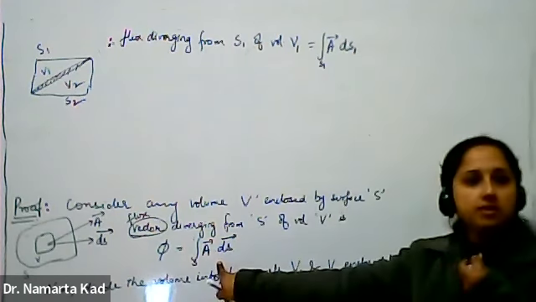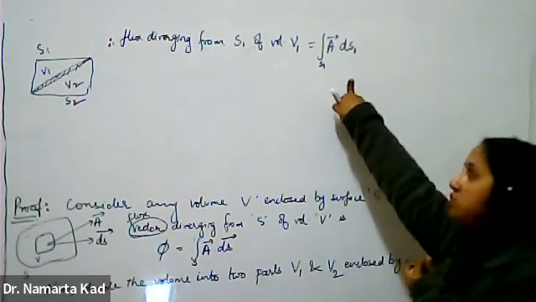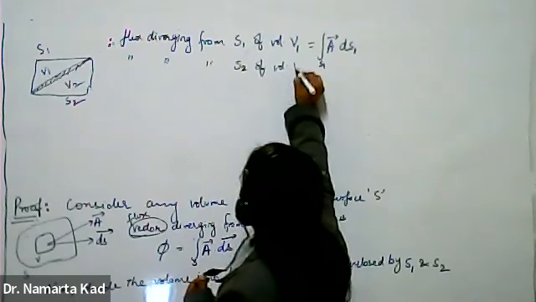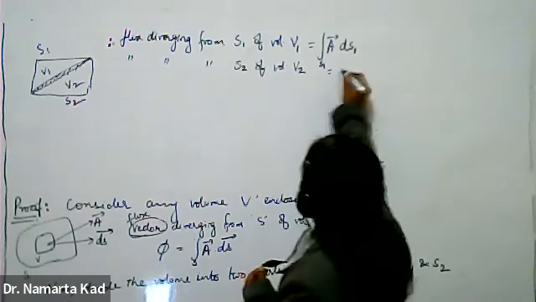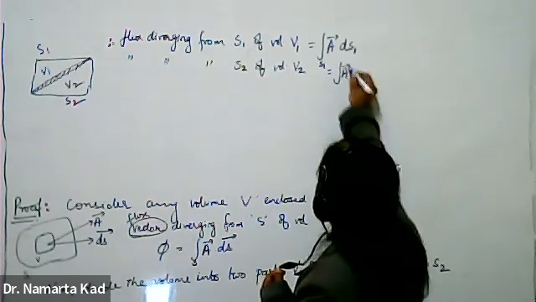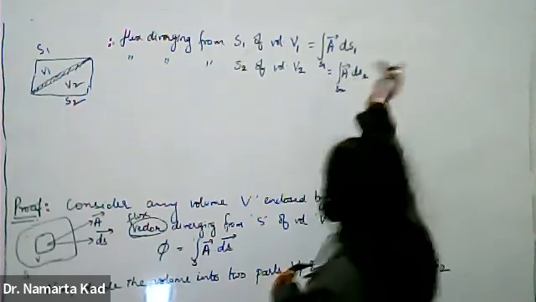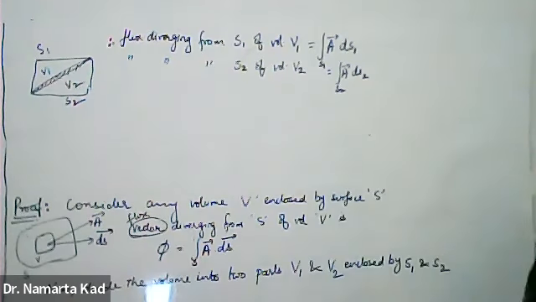We can write the same in two steps. And the flux diverging from S2 of volume V2 is equal to A vector ds2, here it is S2. So these are the steps when the volume is divided into two parts.